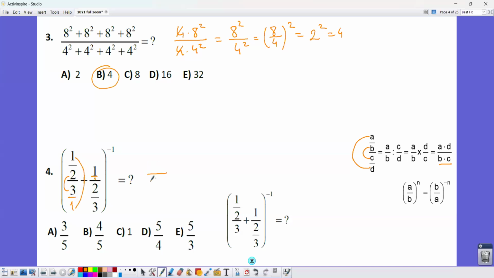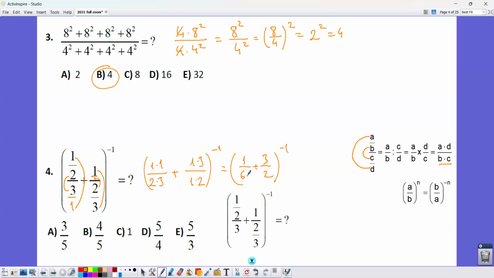So it will become inners down 2 times 3, outers up 1 times 1. Plus we have also here inners, outers, 1 times 2, inners down, 1 times 3, outers up, to the power of minus 1. So this becomes 1 over 6 plus 3 over 2 to the power of minus 1.